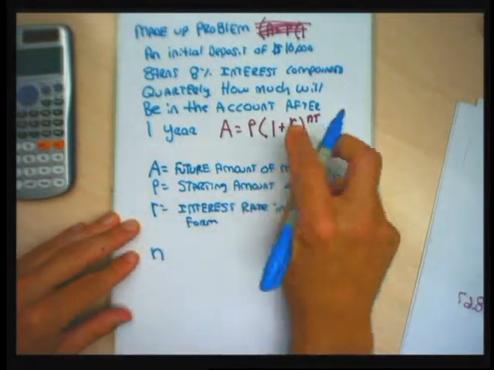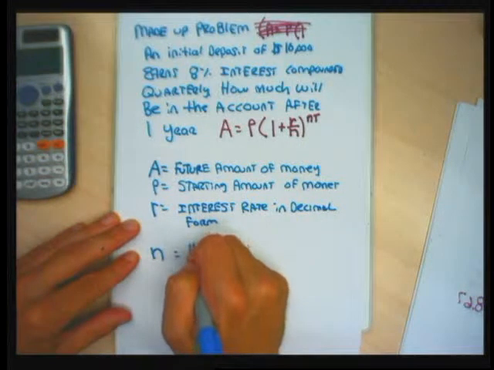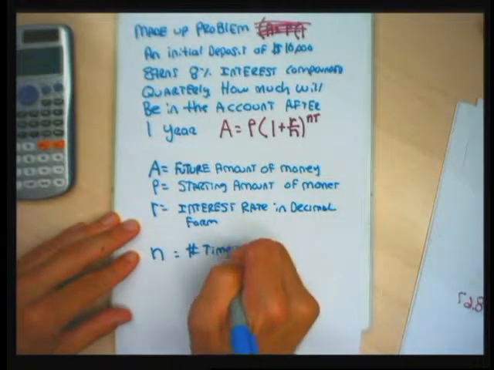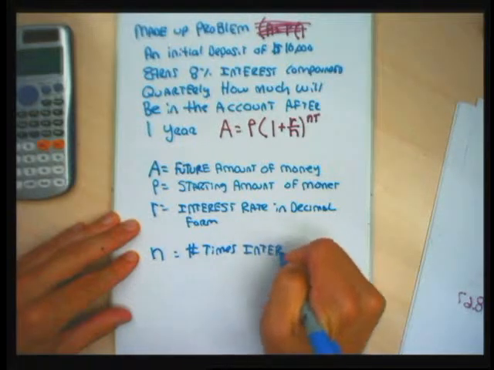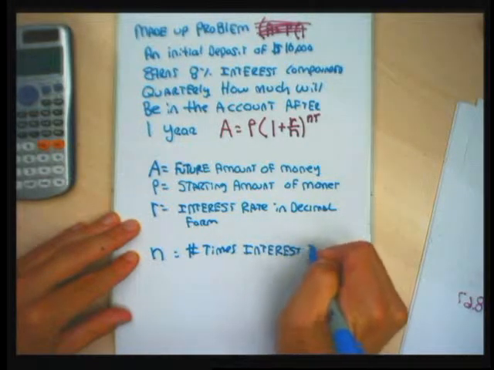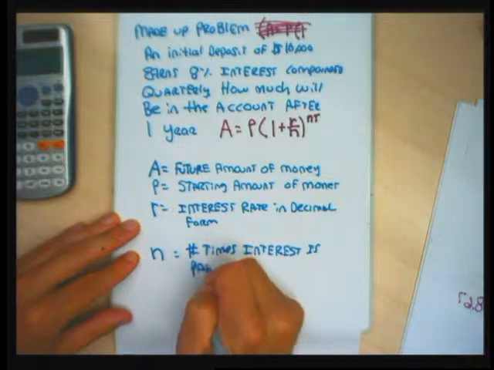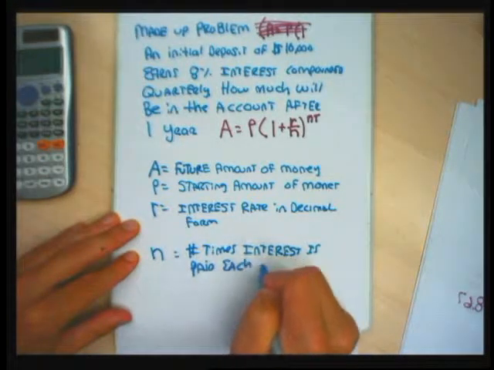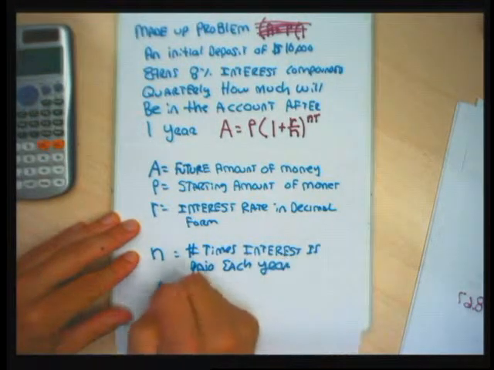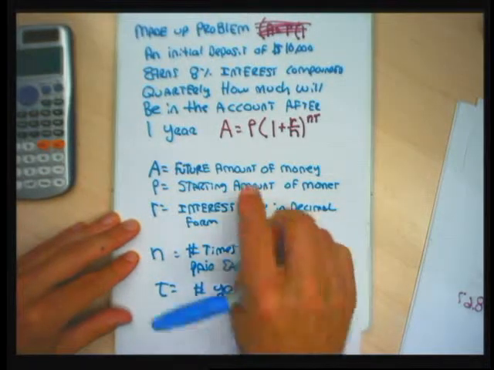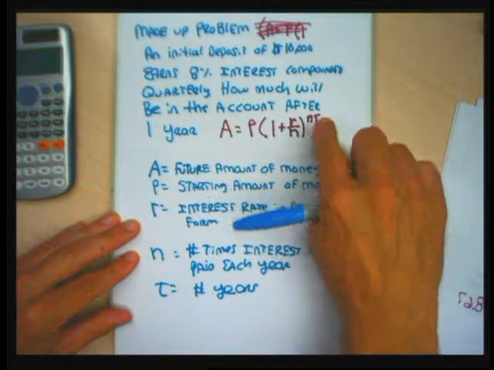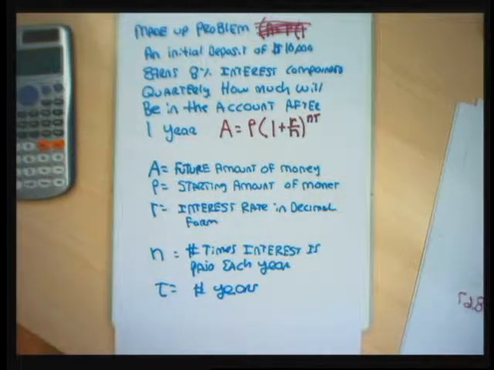The N in the formula is the number of times interest is paid each year. And the T is the number of years. So this formula has 1, 2, 3, 4, 5 letters. And in order to solve a problem, I need to get numbers for 4 of the 5 letters.